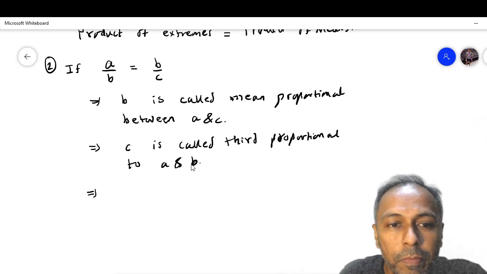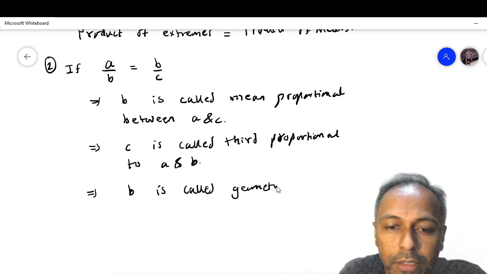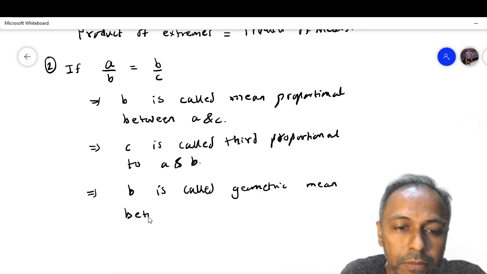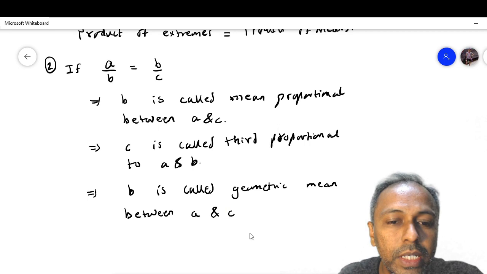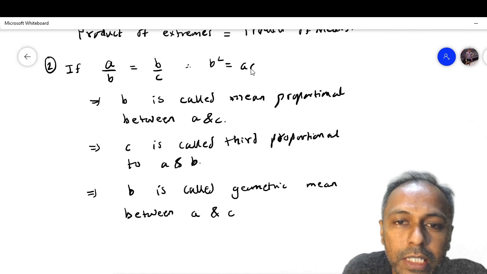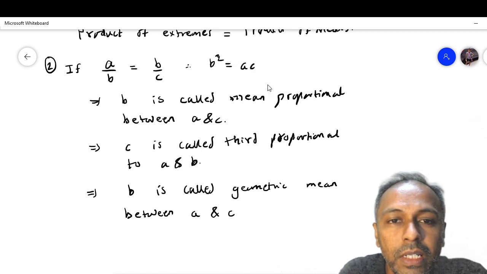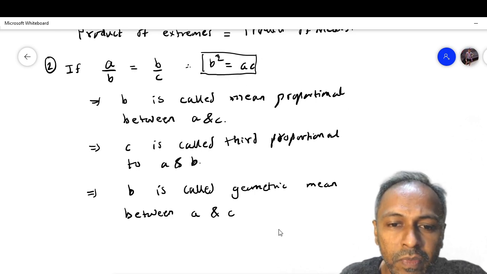Also B is called geometric mean between A and C. So B is either called mean proportional, or you can also call it a geometric mean. Let us say you try to solve this by cross multiplying, then you will get B square is equal to AC, right? Even this way you can learn the result.